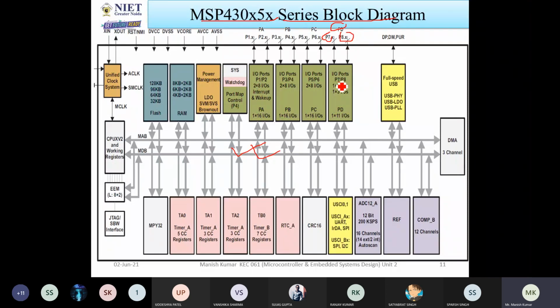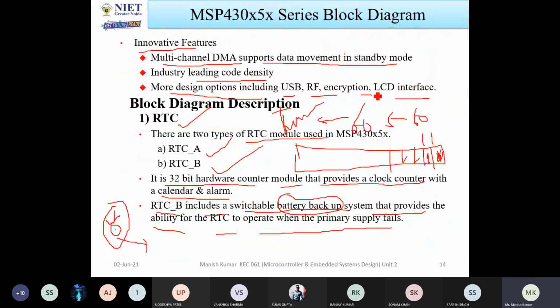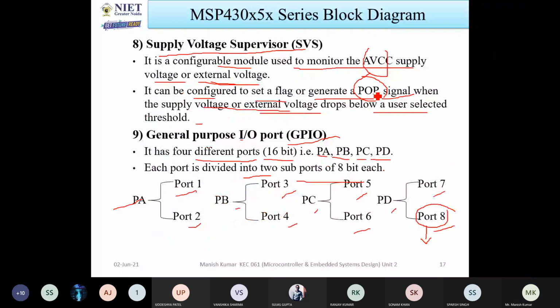Port 7 has 1 cross 8 input outputs, but port 8 works as 1 cross 3 input outputs. So only 3 pins are used as general input output pins, and the rest of the 5 bits are used for special functions. That's why a total of 11 pins are used here, out of a total of 16 pins. The 5 pins left are used for special functions. You are not going to use those pins as general purpose input output.